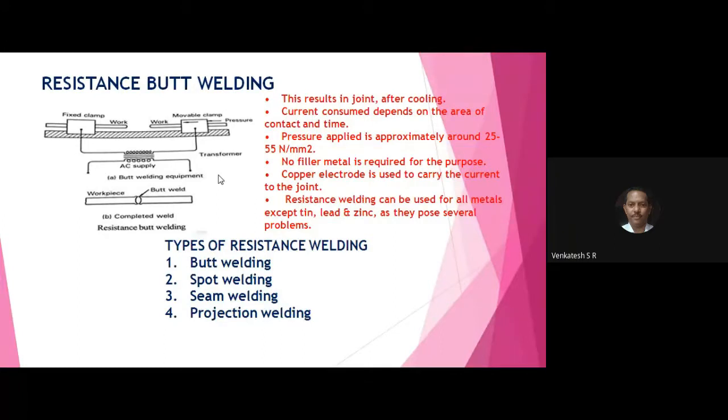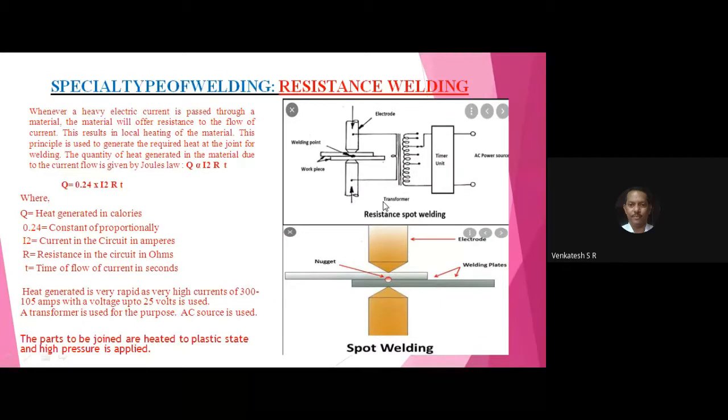Number 4, projection welding. First, spot welding. As we already discussed, spot welding is used for joining sheets. Good examples are almirahs, racks, and furniture.